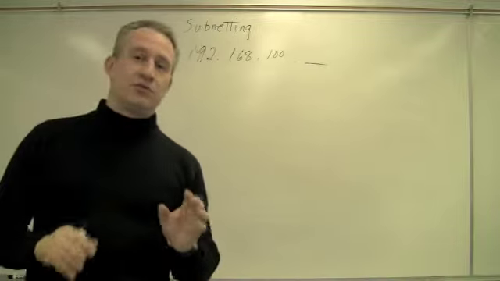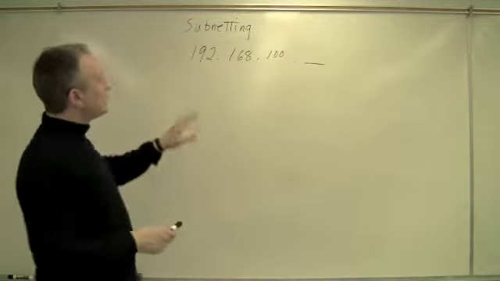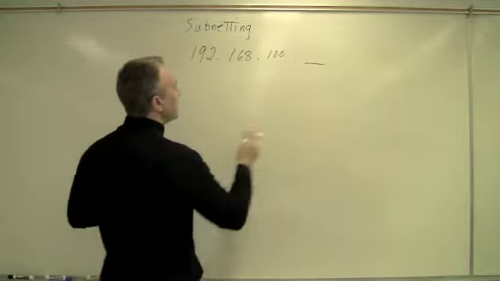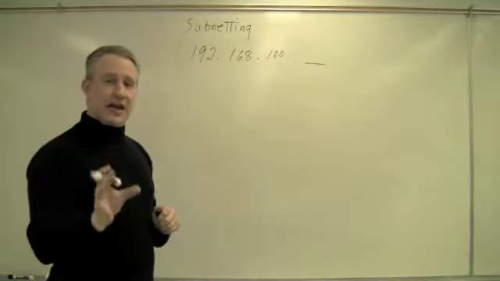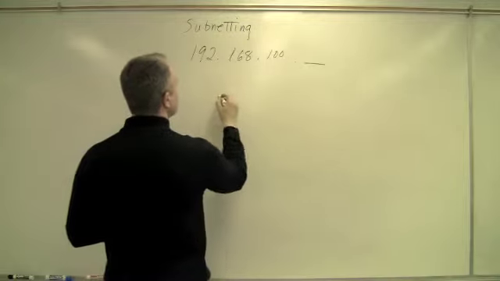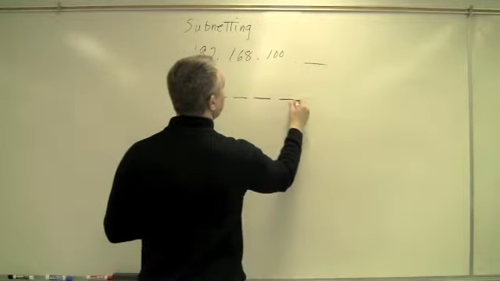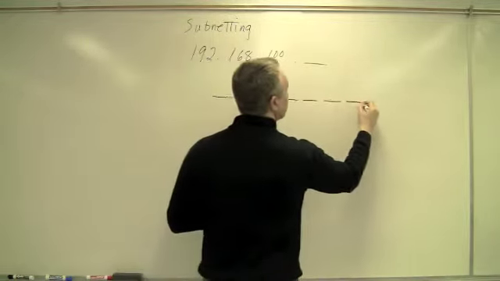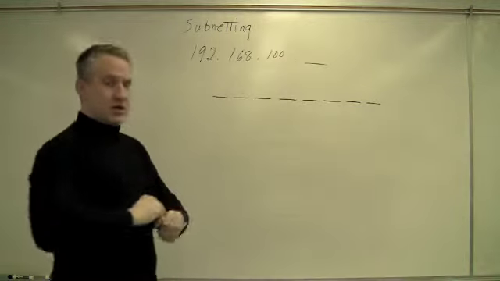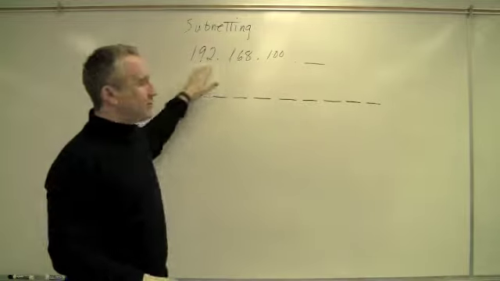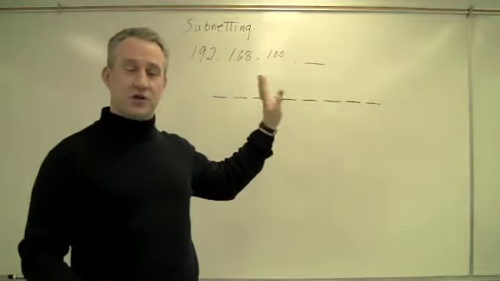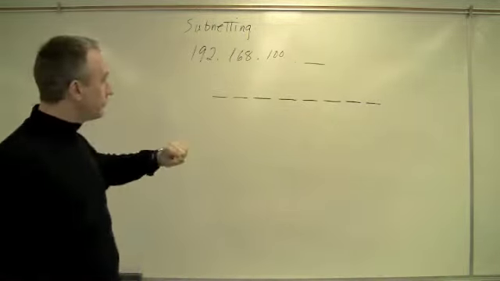For a Class C address, the final octet holds the host bits, 8 bits. And we just leave the original network bits, the first 24, alone altogether because we're not going to be doing anything with them.